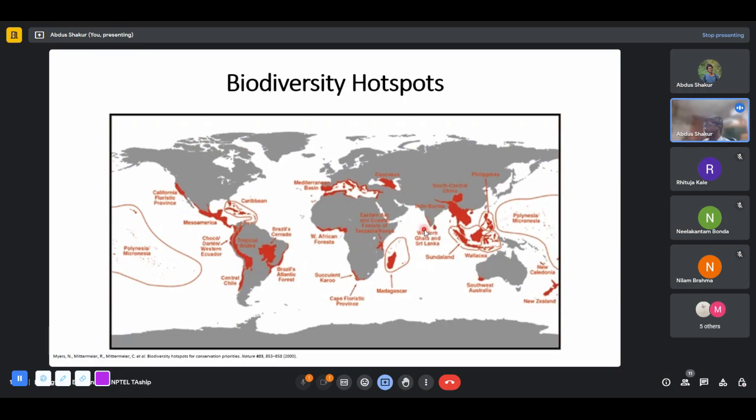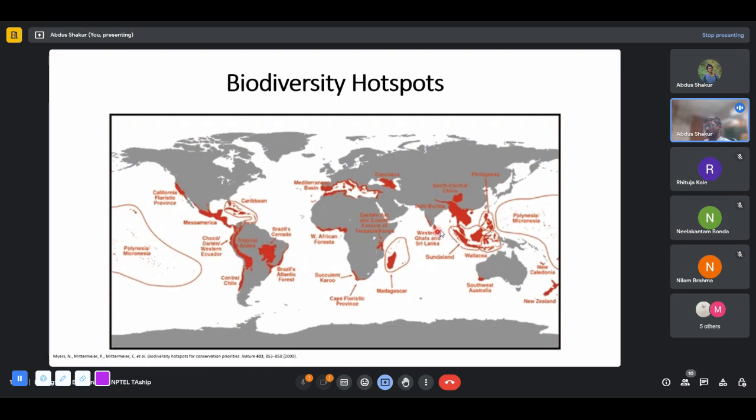And then human disturbances are very high, so you say let's try to conserve these types of areas. So these areas are biodiversity hotspots, and they have been put forward as the areas that need to be conserved.